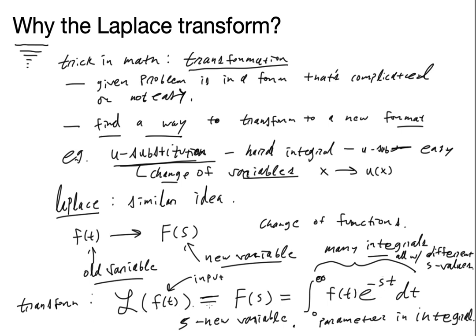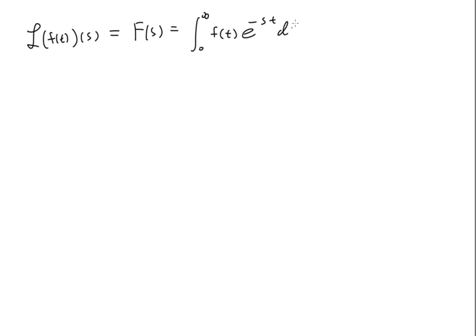And so you actually have to worry about this new variable. You have to make sure that the integral actually exists. So let's just write it up here again. Change pages here. We're going to write down that Laplace transform again. And I can write it with s, that's the new variable. That's going to be capital F of s. I'm going to write it down again, 0 to infinity, times f of t e to the negative st dt.